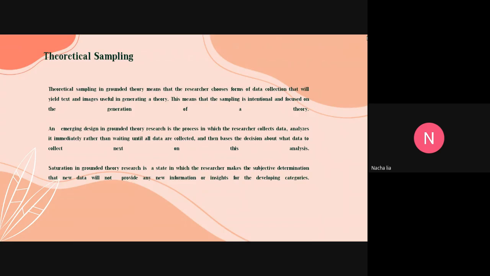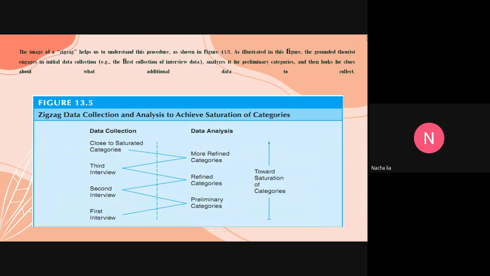Saturation in grounded theory research is a state in which the researcher makes the subjective determination that new data will not provide any new information or insights for the developing categories. Here you can see the image of a zigzag that helps us to understand this procedure, as shown in figure 13.5.